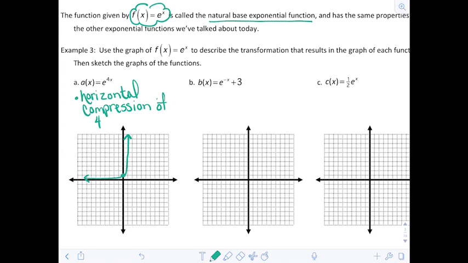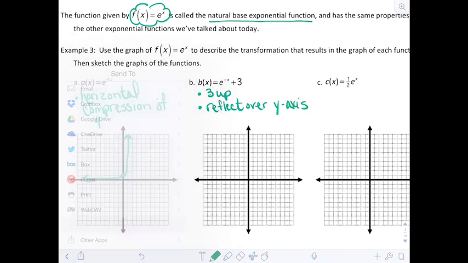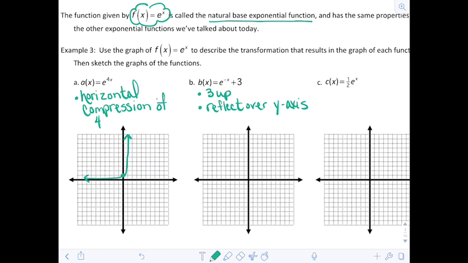Okay. Then in the next one, we have e to the negative x plus 3. The first thing I see is that it's going to go 3 units up, and the negative x is going to reflect it over the y-axis. So reflect over y. Whereas I used to have the point (0, 1), if I move up 3, I now have (0, 4) right there.